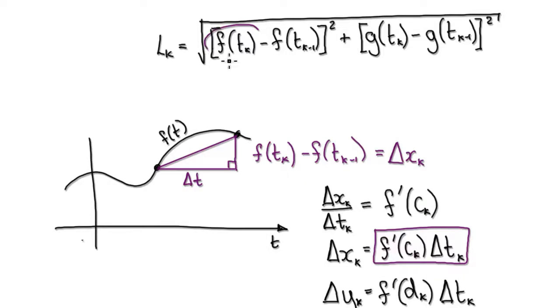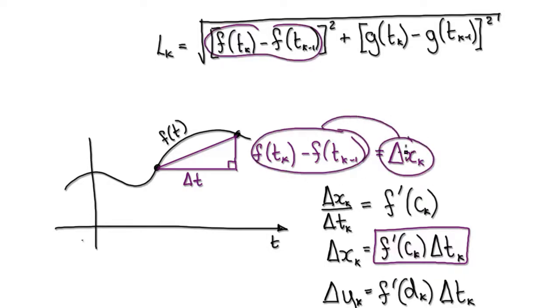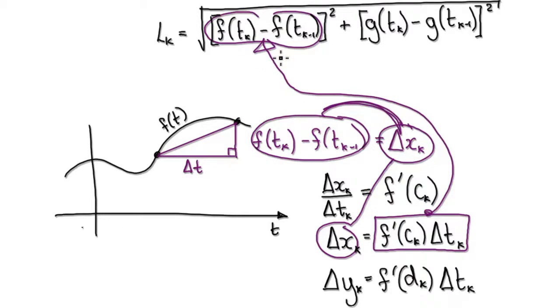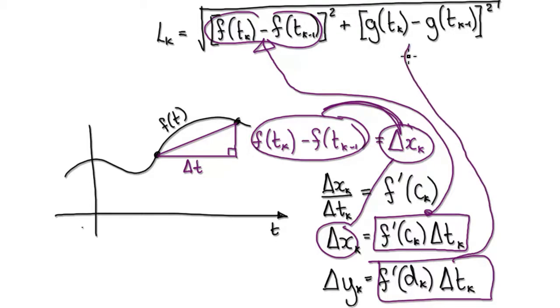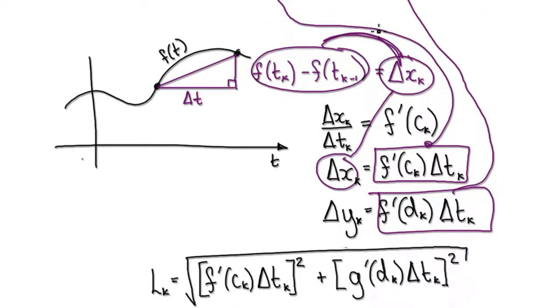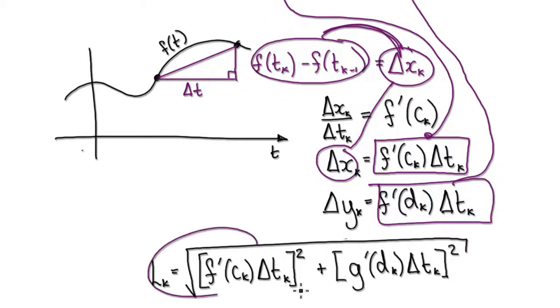Don't forget, this thing here is this thing here, which is delta x. So I can jump back and forth. I can put this thing here into here, and then I can put this thing here into here. So that would then take us to here.